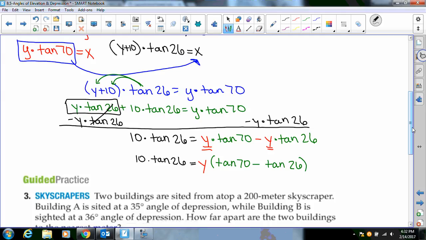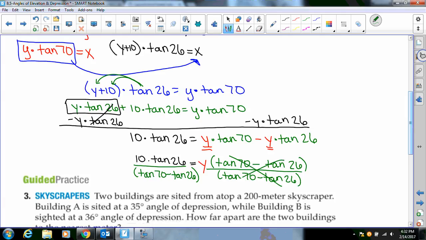So to solve for y, I'm going to divide by this big number right here. And again, you're using a calculator, so if you're paying attention and being careful, you just plug all this into your calculator. Okay? So now this is gone.